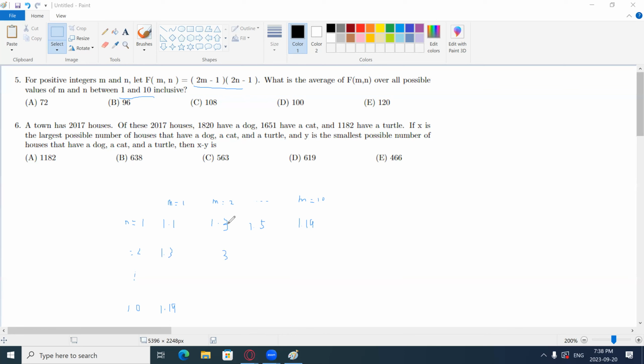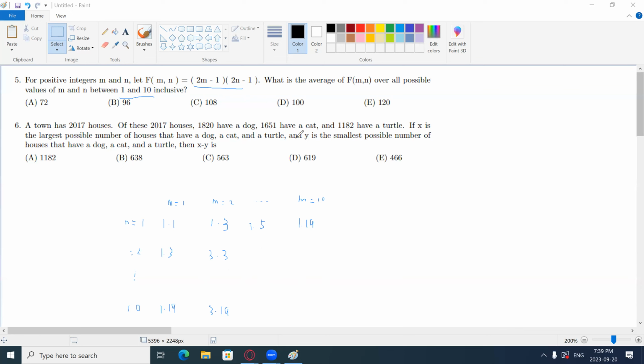So it would be 1, 3, 5, 7, until 19. The last number here would be 3 times 19. But anyways, we can find the pattern for every number on the list.